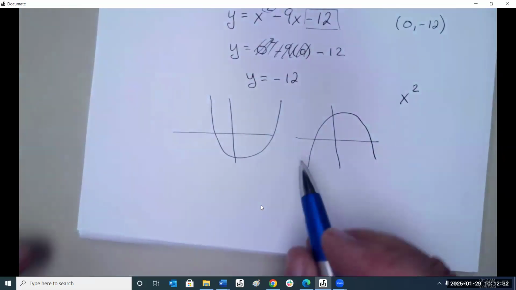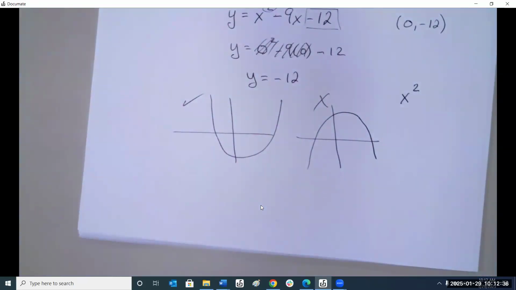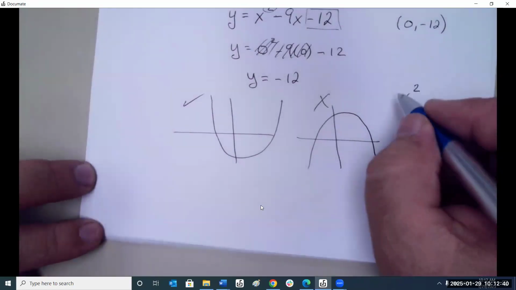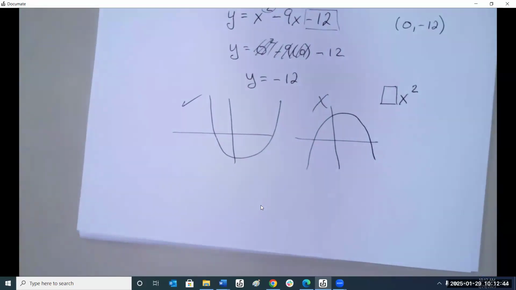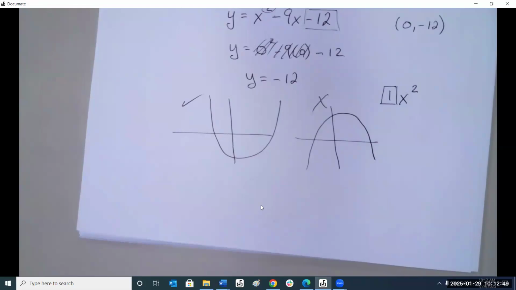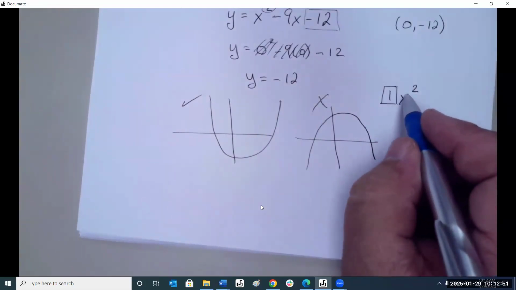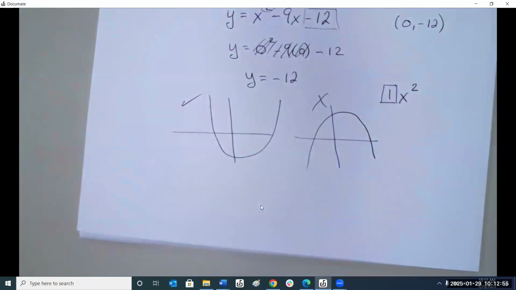Because how do I know it's going to be this one and not this one? Right. Because there's supposed to be a number in front of here. Right now, it's positive 1. If the coefficient of x squared is positive, then it opens up like this.